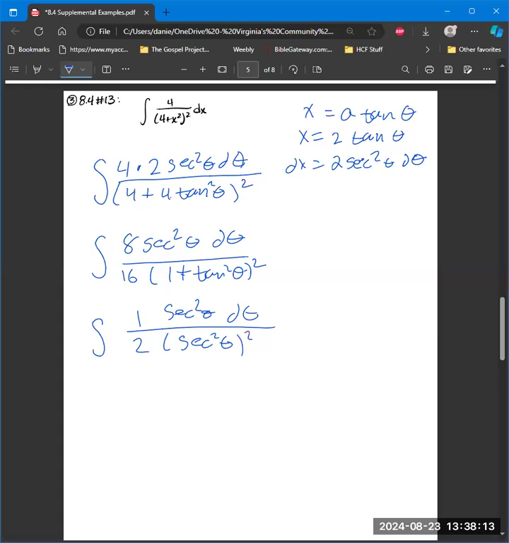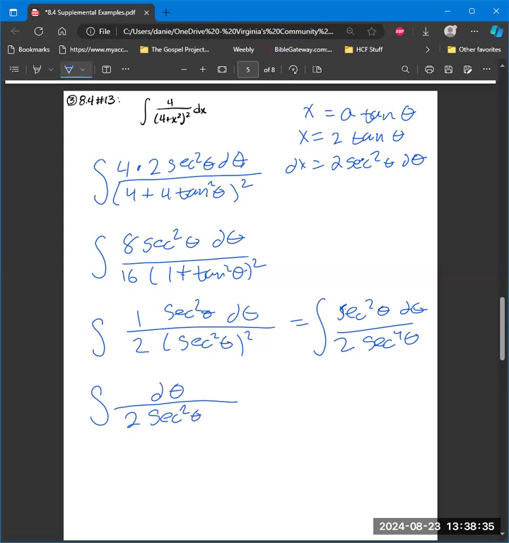Squared is going to be secant squared theta d theta over 2 secant to the 4th theta, which is going to be 2 secant squared theta.